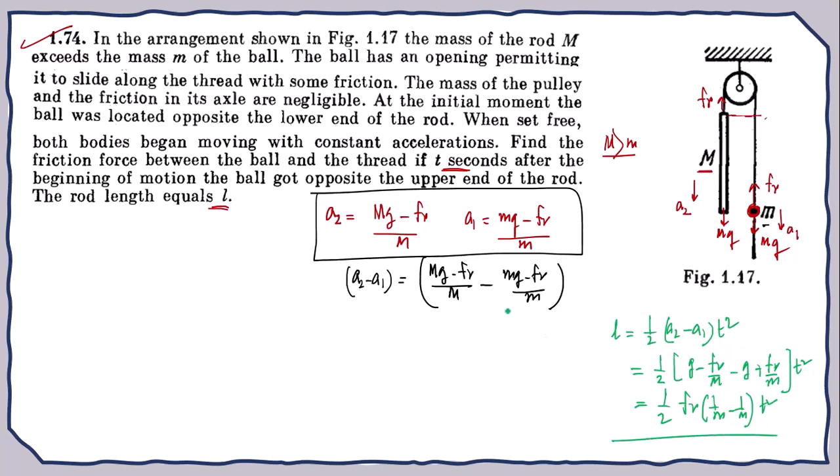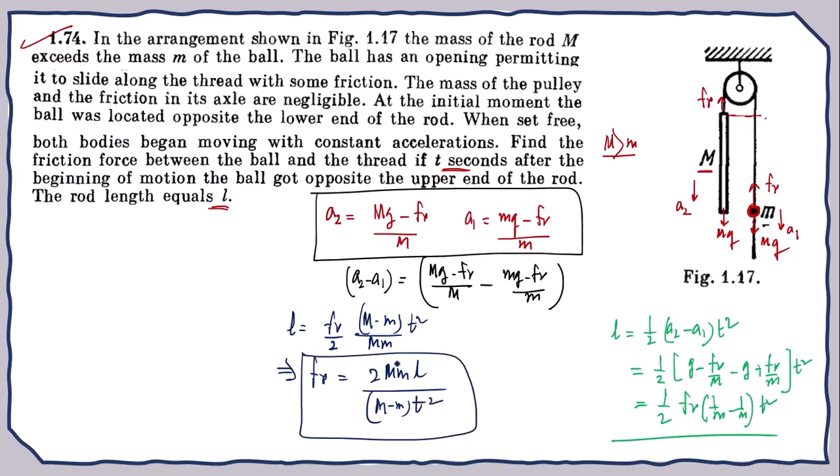So L equals fr by 2 divided by capital M into small m, and in the numerator capital M minus small m, into t square. That means fr should be equal to 2 times capital M small m L divided by (capital M minus small m) into t square. That will be your answer for the friction force.